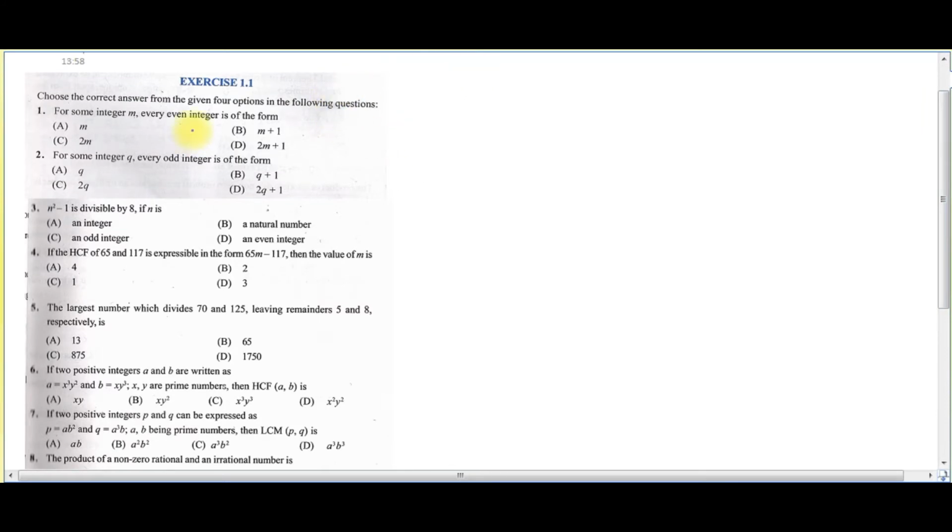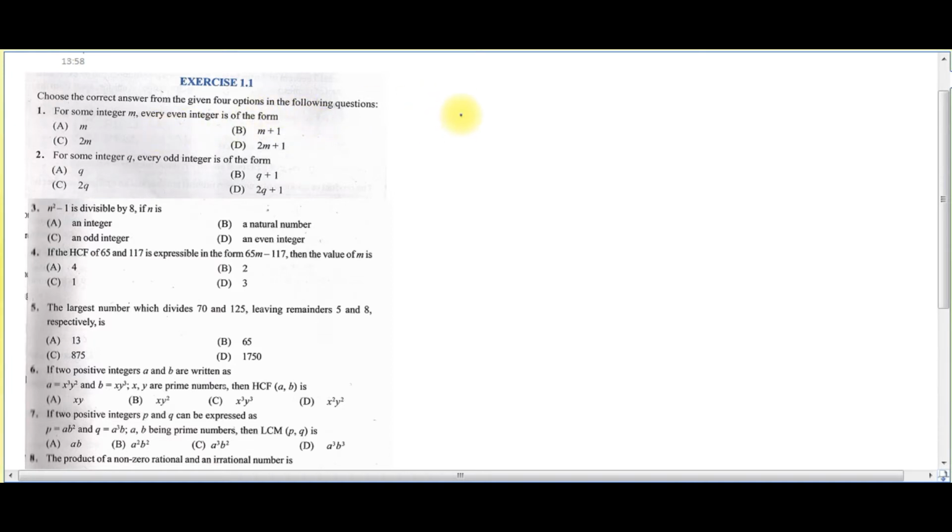The first question is: for some integer m, every even integer is in the form of what? So what's an even integer?